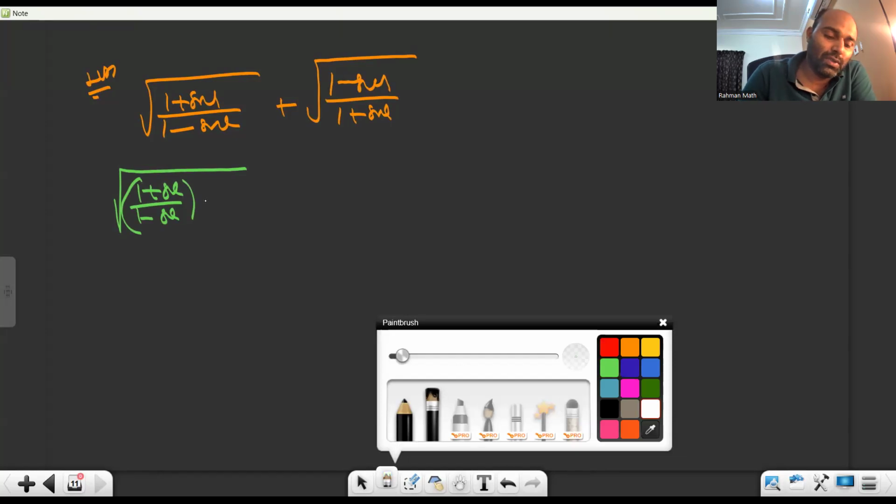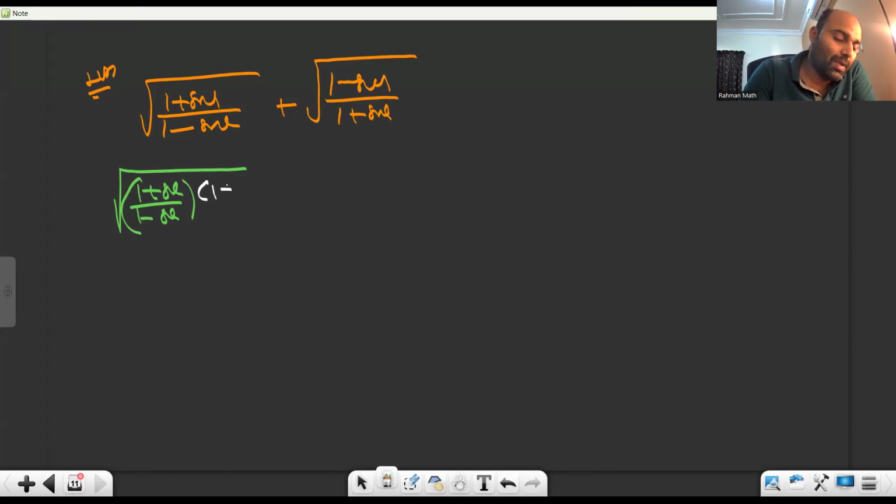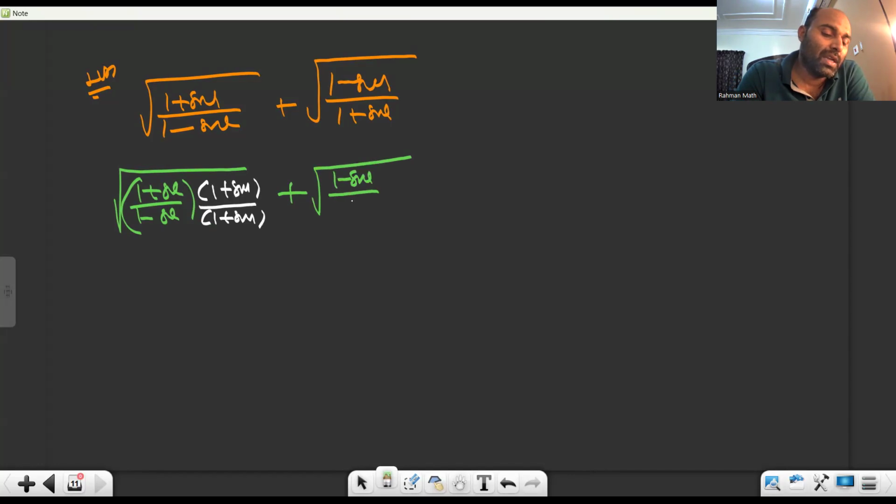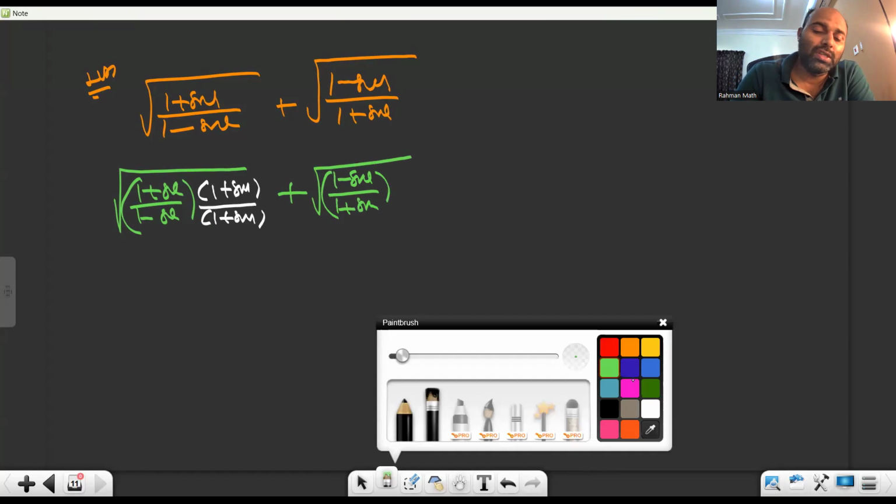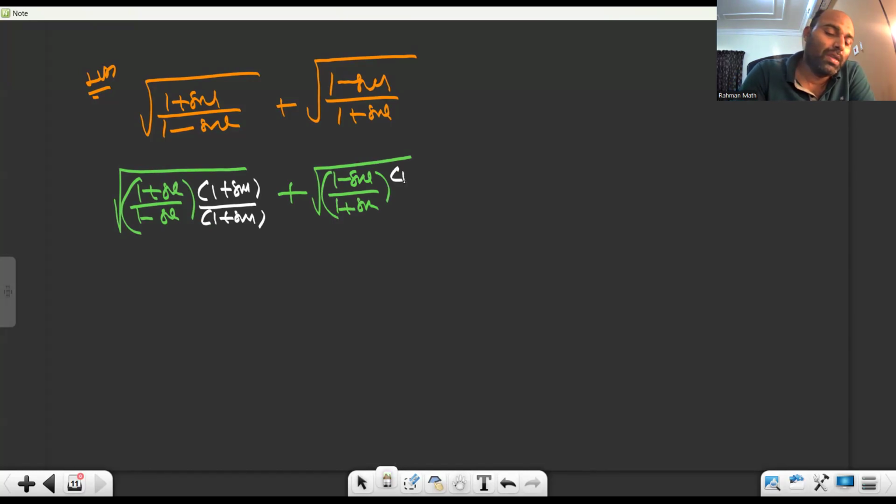The conjugate of 1 minus sine theta is 1 plus sine theta. Both numerator and denominator you multiply. Denominator conjugate means you change the middle sign and multiply. And here, 1 minus sine theta by 1 plus sine theta, the denominator conjugate is 1 minus sine theta. So please write this down: whenever root comes, conjugate multiplication and division.